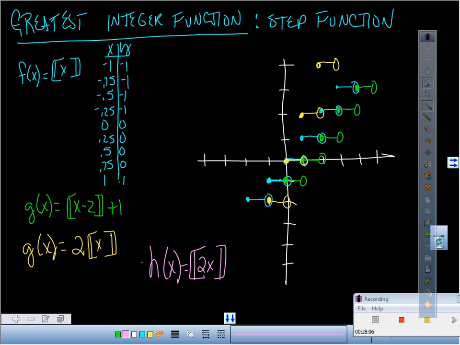Okay? So what is this 2? Come on. Dadgummit. Okay, so what does that 2 do to the, now look, the blue one is the parent function, okay? So, here he is right here.